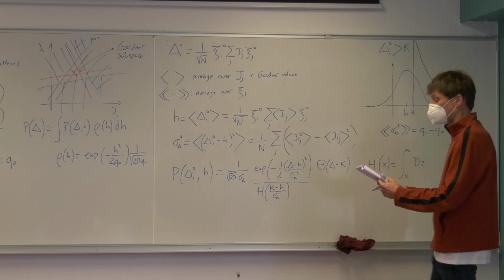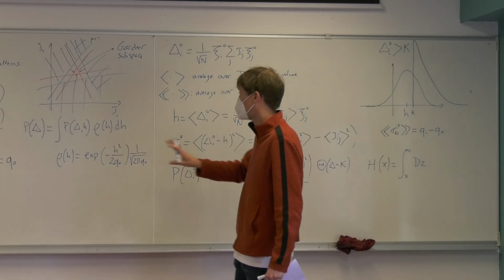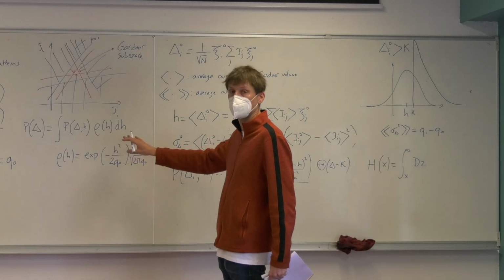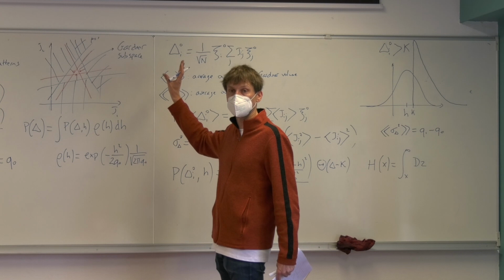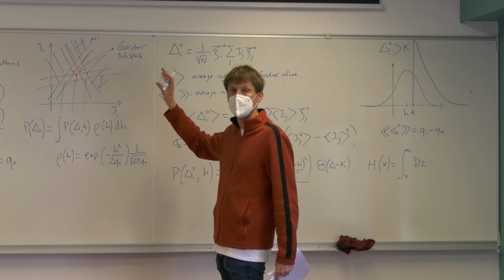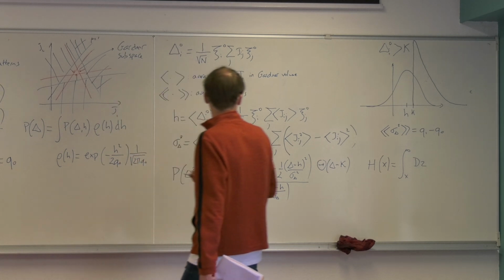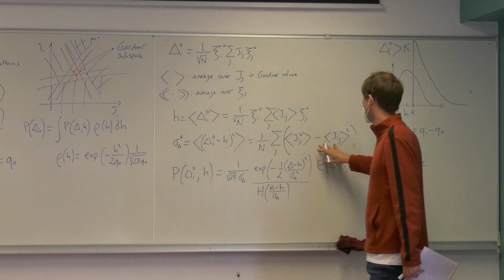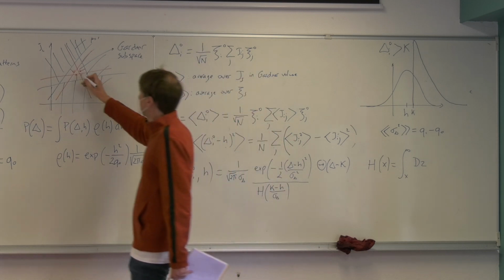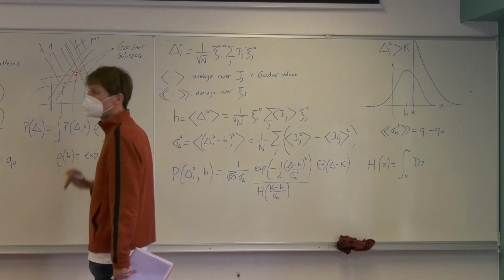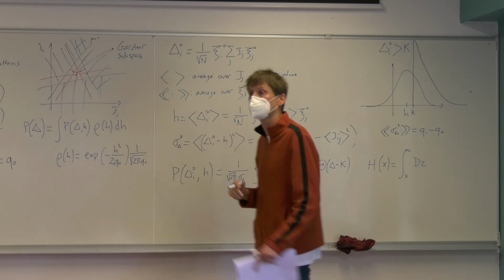Okay, so now let's see how this distribution looks when the Gardner volume shrinks to 0, that is, when we reach maximal capacity. When the Gardner volume shrinks to 0, there is basically only a single point remaining just before it shrinks.